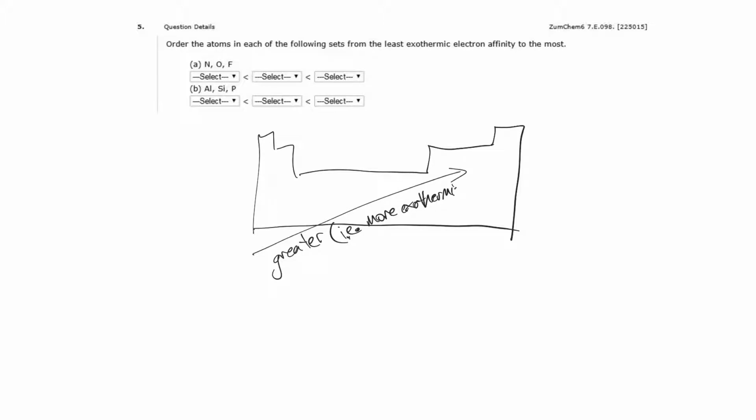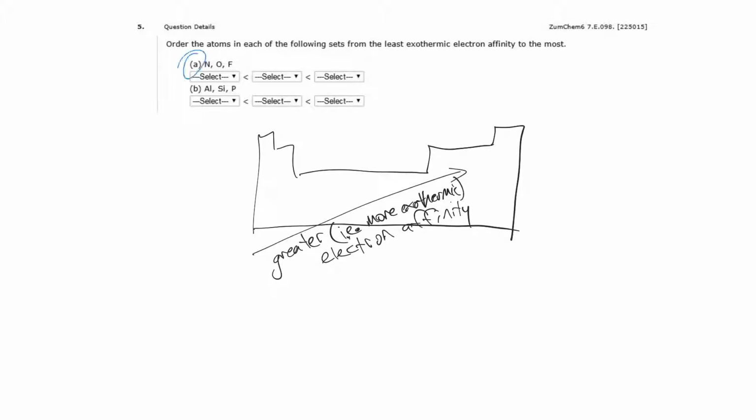It's always an energy releasing event when you bring a new electron close to a positively charged nucleus. And the question is just how much energy is released when that happens.